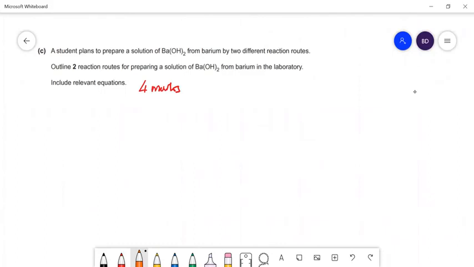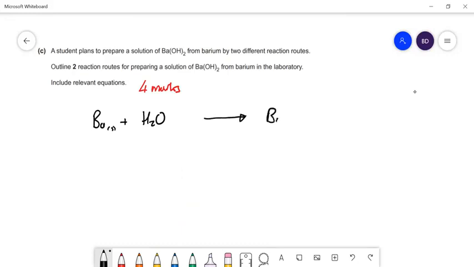Well, you should know that all the group 2 elements, except for magnesium, forget about beryllium, react with cold water in the following way to make the hydroxide. So we're going to get barium metal and add it to water.